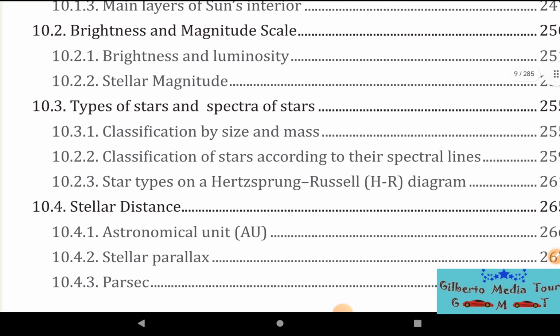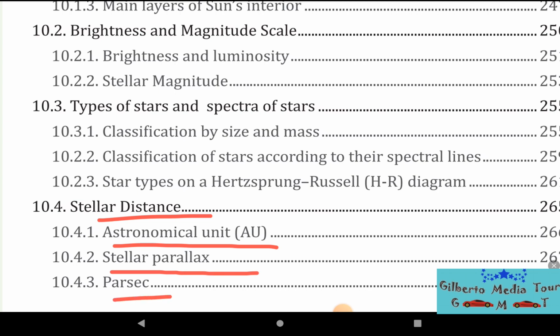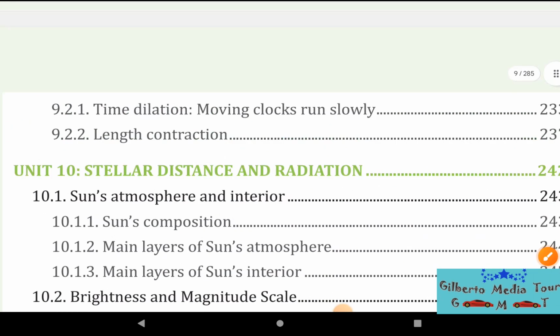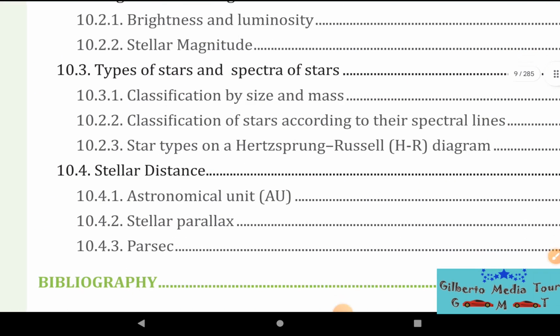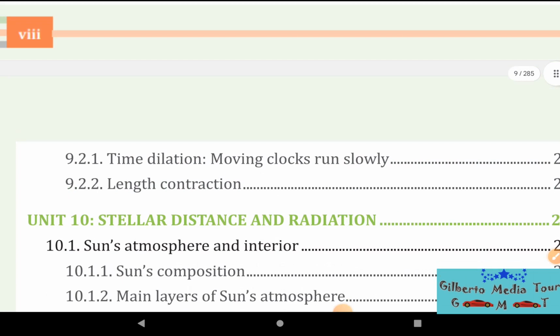On stellar distance, astronomical unit. In this unit we shall know the stellar parallax and the parsec. So, in brief, this is what is contained in unit number 10, which is the last unit of year 2 SME.